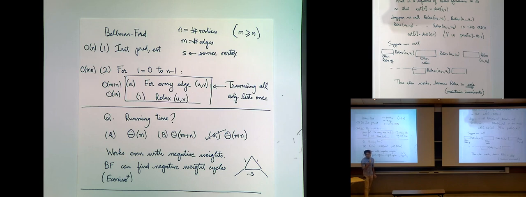Yeah? Does the tree that this produces contain shortest path distances from all points to S, or from S? From S to everyone. From S to everyone? Yeah. And now you can ask, what was it about S that actually appears in all of this? It's just that you initialized S to 0. The only place that S appears is in the initialization.